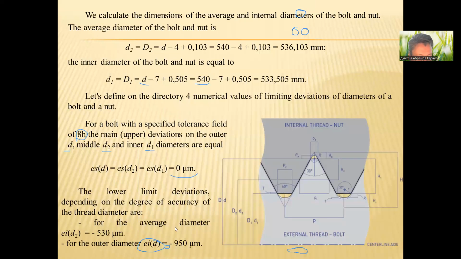So for the average diameter, the lower limit deviation on the diameter D suffix 2 is equal to minus 530. And for the outer diameter, the lower limit deviation for D is minus 950 micrometers. And in previous values, micrometers too.